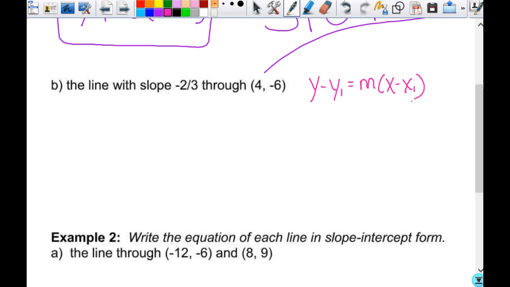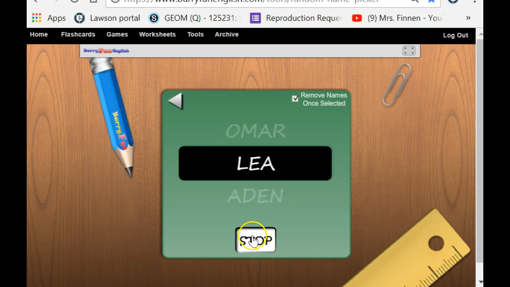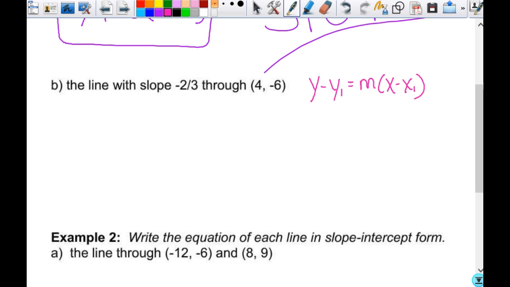Okay. All right, so I'm going to have somebody walk me through this. Marco. All right, so tell me what I start by writing down. Okay. Good.